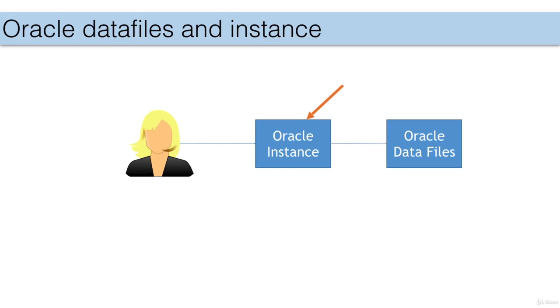Oracle instance processes also take care of the background work necessary to keep the database running. Please note, it is not a single process. For example, one process takes care of writing to the files, one process reads the data, and so on. It is a combination of multiple processes.